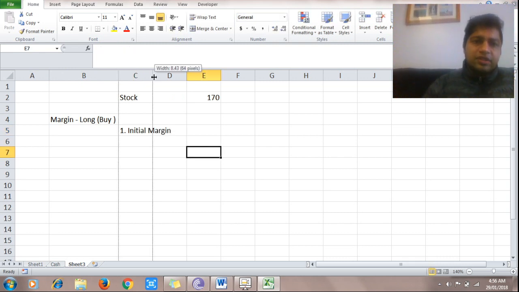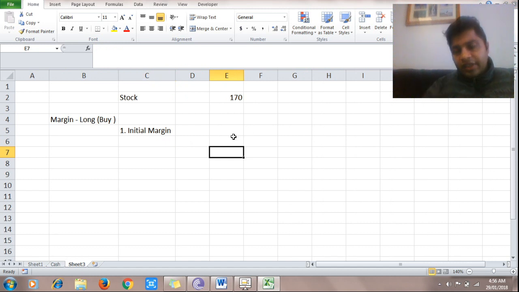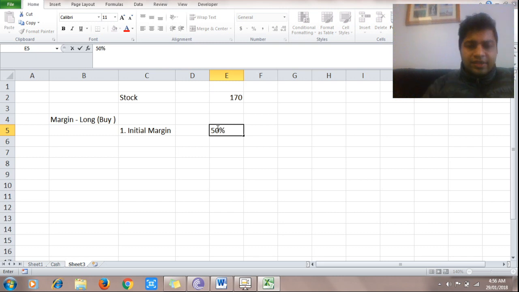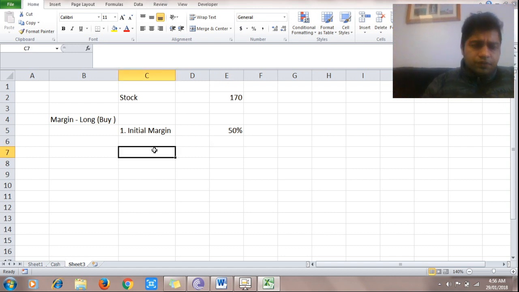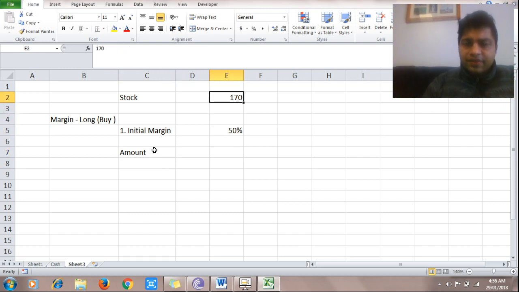Initial margin depends on the country that you are trading in, the guidelines of the exchanges, as well as volatility of the stock. So for example, in our case, let's say the initial margin requirement is 50%. So the amount that you have to put in is not $170, it is 50% of that.